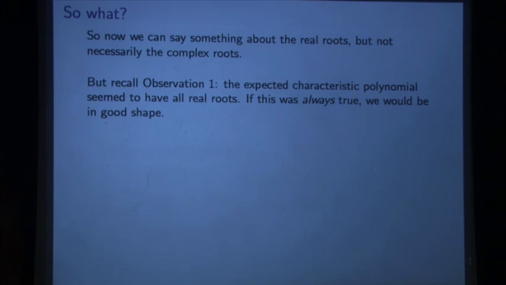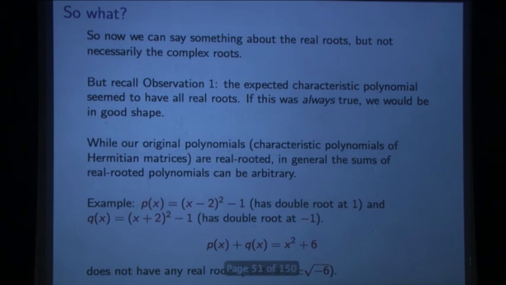And if this was true, and it was true in more generality, for all of the polynomials we needed to look at, then I'd be in good shape because I don't need to deal with complex roots because all of the roots involved would be real. And while our original polynomials, which are characteristic polynomials of Hermitian matrices, are real-rooted, in general, when you sum these things together, they're not necessarily real-rooted, right? You can sum these two together and you get something that has no real roots.